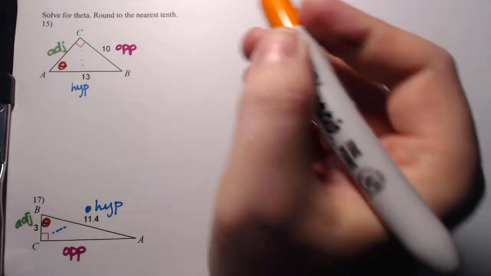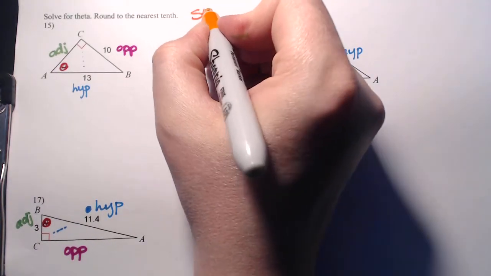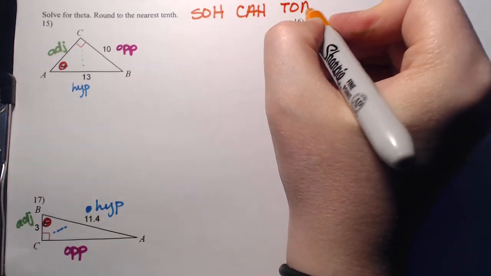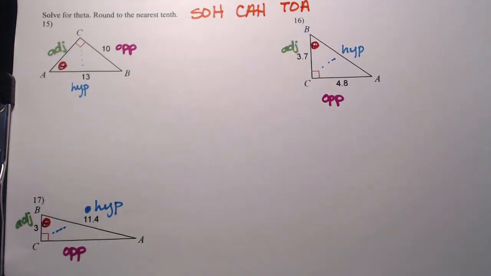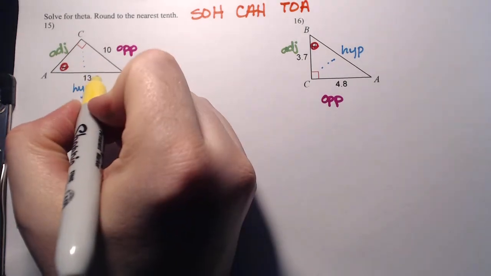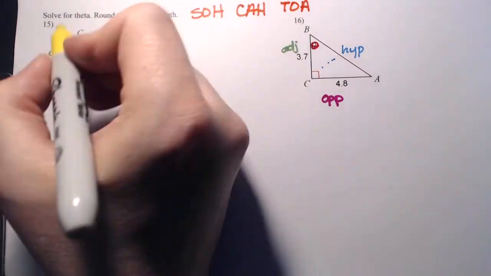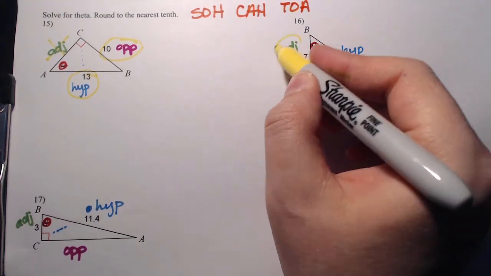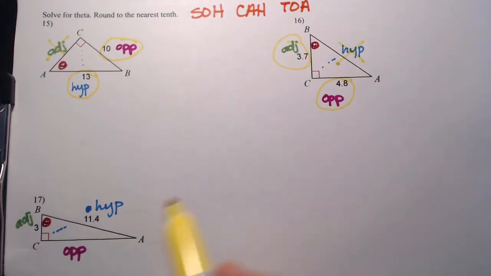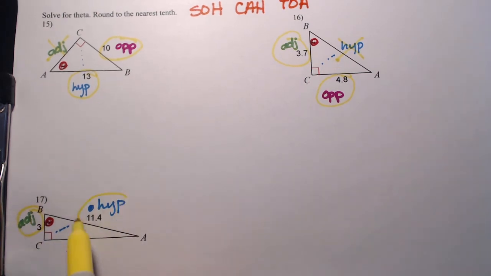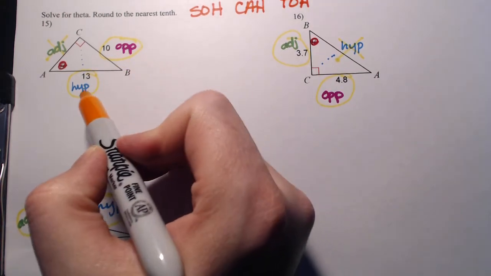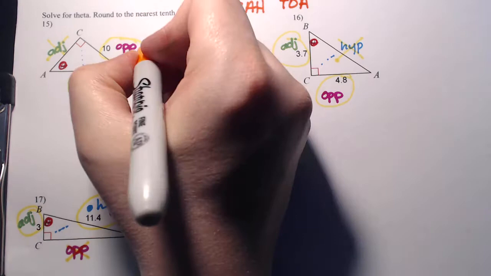Okay, and I still have to remember Sohcahtoa. So in this first one, I have the opposite side and the hypotenuse. In the second one, I have the opposite side and the adjacent side. And the third one, I have the adjacent side and the hypotenuse. So I'm going to pick the trig function that works with those sides. What works with opposite and hypotenuse? Sine.